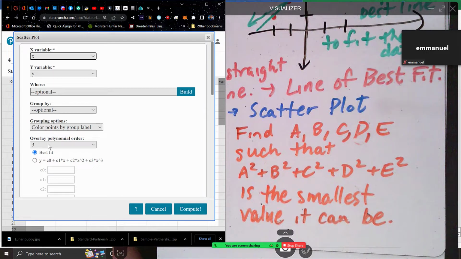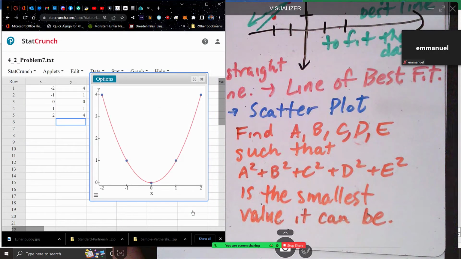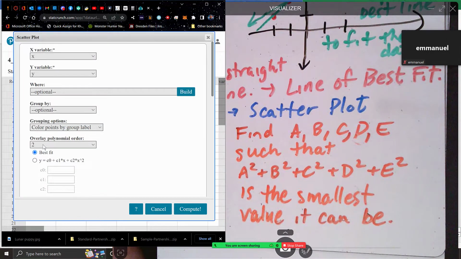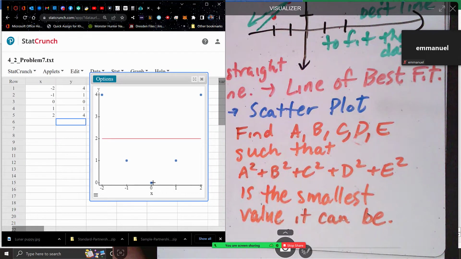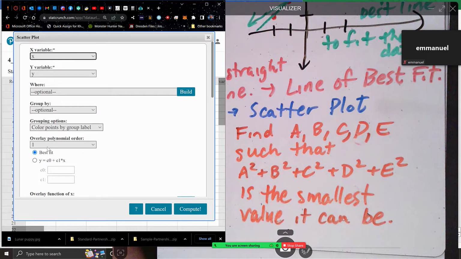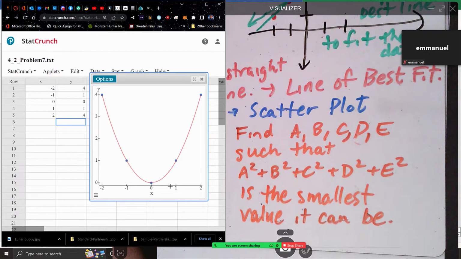If I show this with a parabola too, my dots are right on the line. So a straight line here would be terrible. If I do a straight line on this set of data, that looks terrible. It's not reflective at all, when we saw clearly that this graph was spot on.